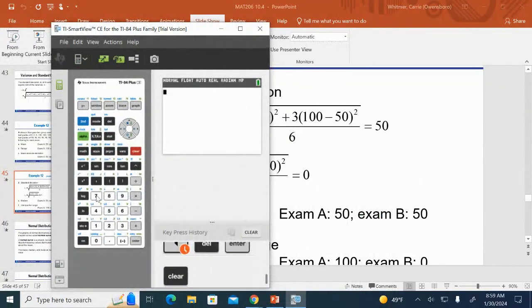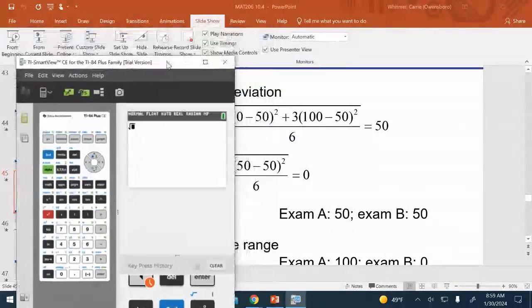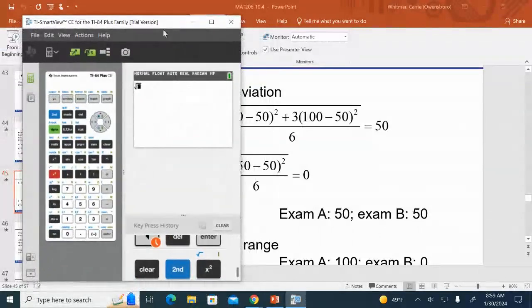That is at the X squared button, diagonal from 7. You can see it there in blue. So if I hit the blue key and then X squared, it brings up my square root. Okay. So blue key and then X squared, diagonal from 7.